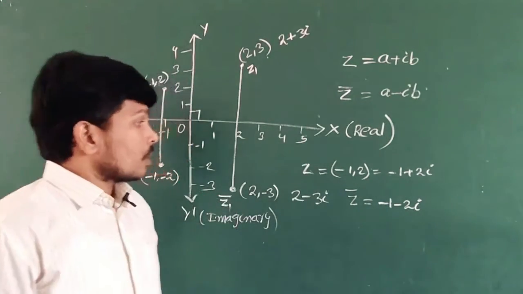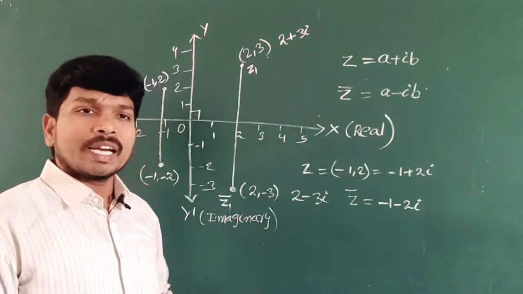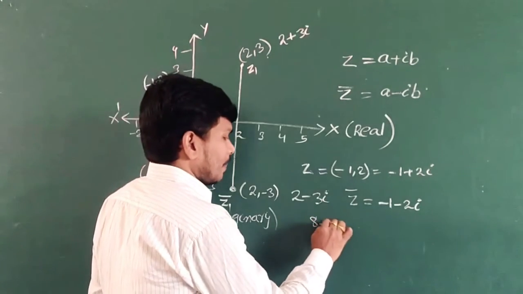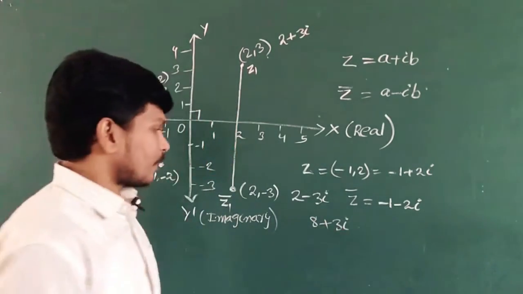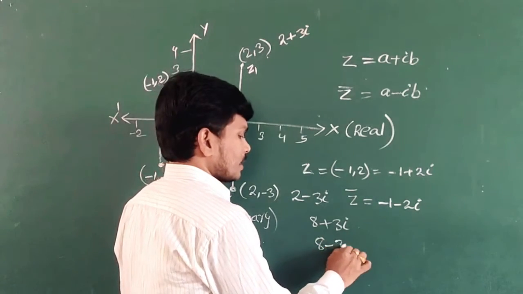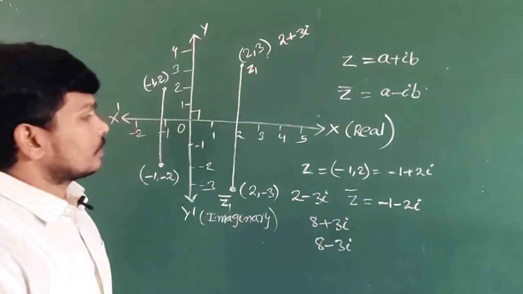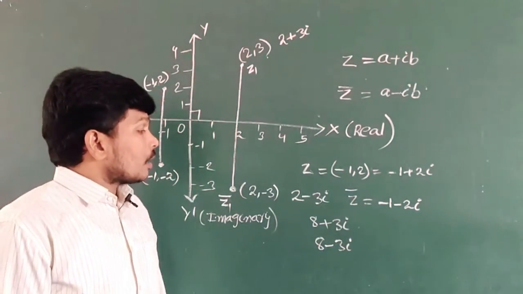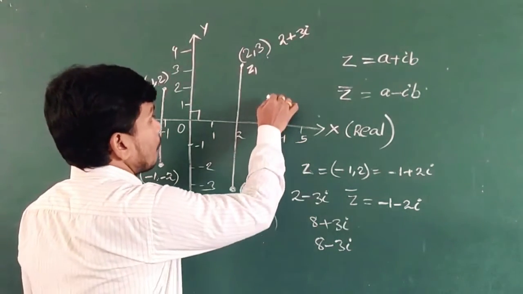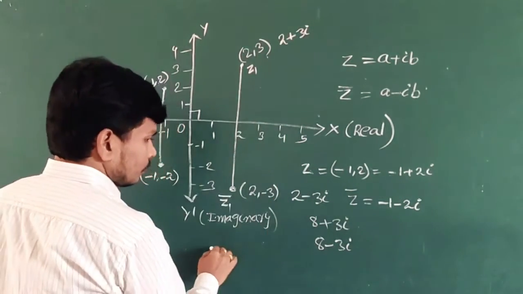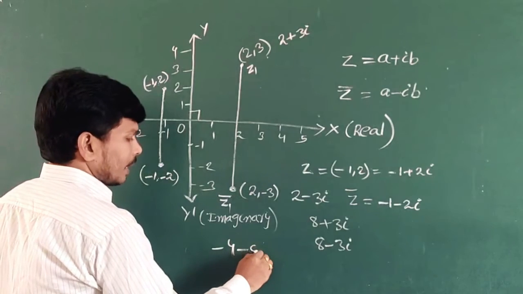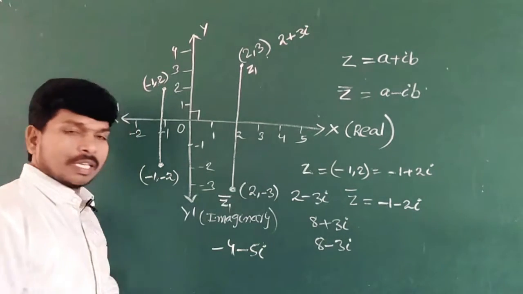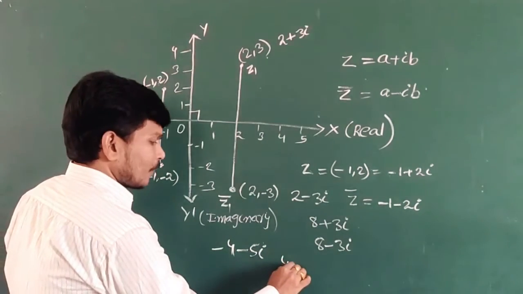So what is the conjugate of 8 plus 3i? Yes, very good. 8 minus 3i. Good. What is the conjugate of minus 4 minus 5i? Is it plus 4 plus 5i?